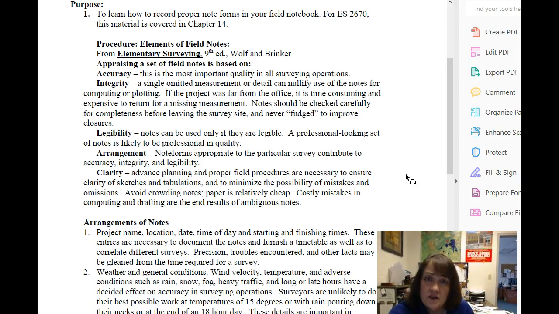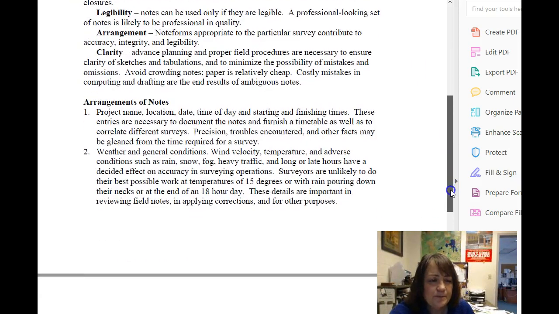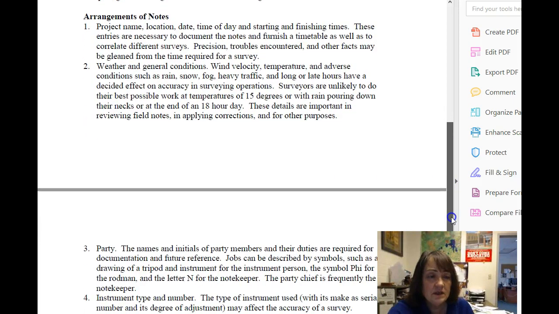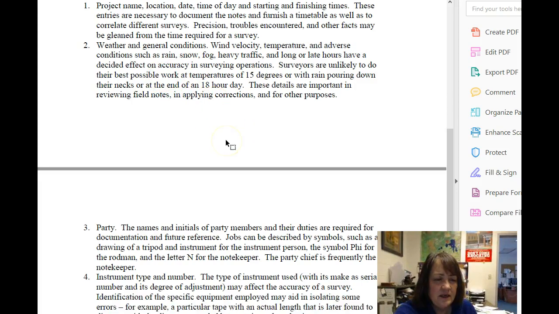And if that's the case, you want to make sure that they're in a particular format. So some notes on arrangement. Like we had shown on the examples, the project name, location, date, and time are generally speaking placed in the upper right-hand corner of the page, and the weather and general conditions are on the same page.